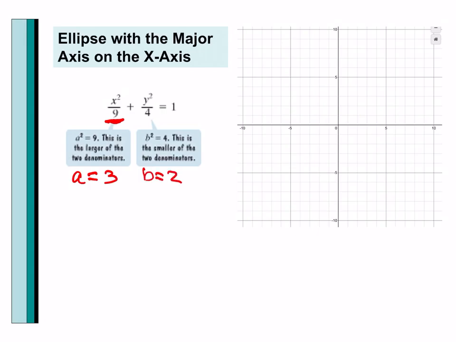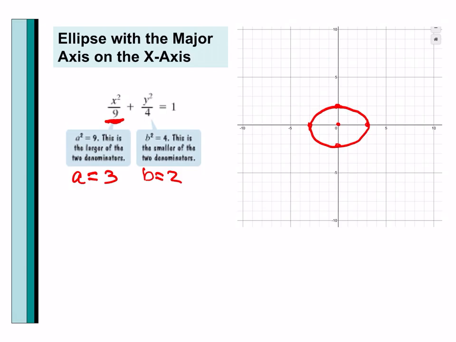So you can graph it really quickly. Just start at the center and then go 3 in the x direction, both ways, positive and negative 3, and then 2 in the y direction, both ways. And those are our 4 points that we are going to try to connect, at least I am, in an ellipse. I can try and make it ovally.